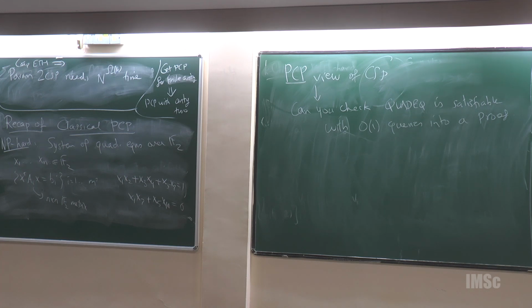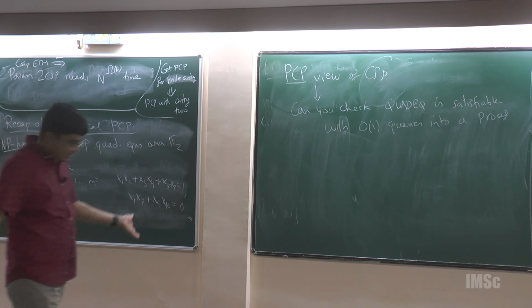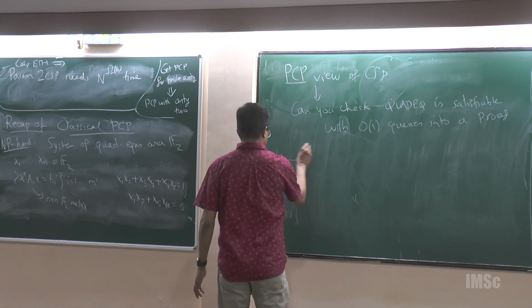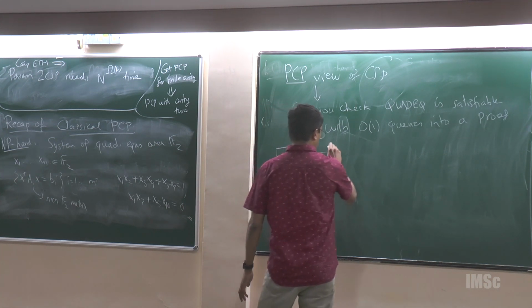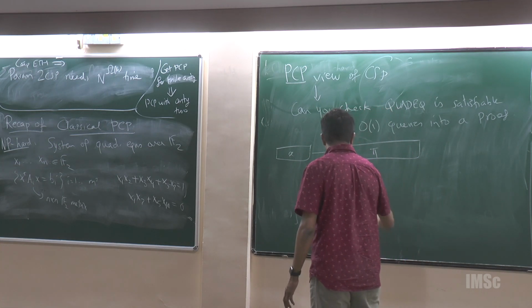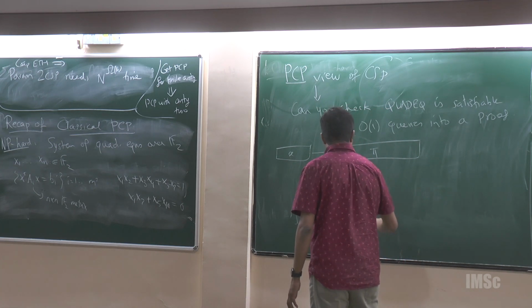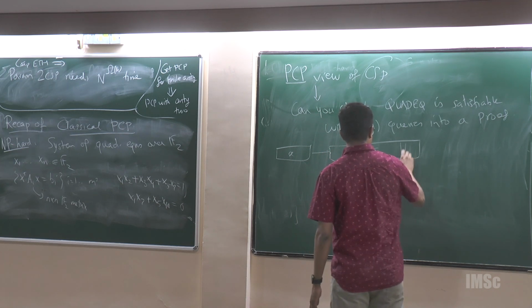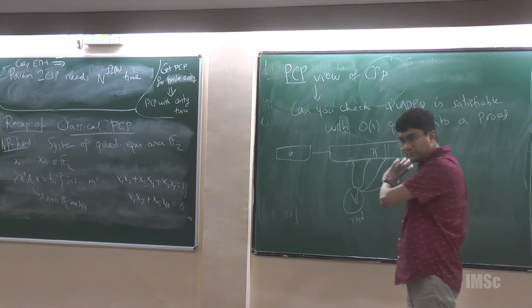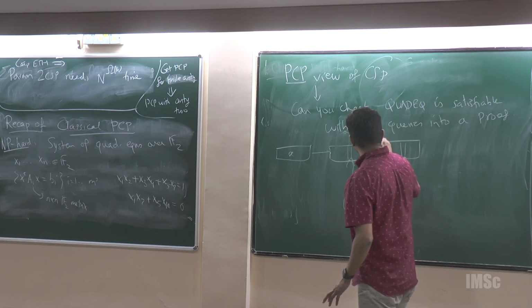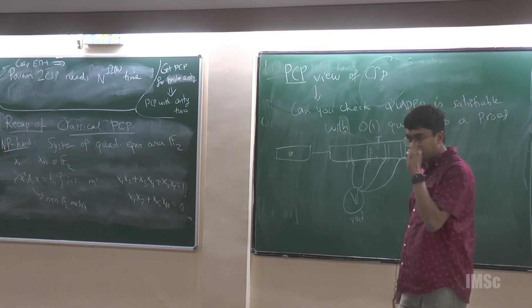But now, because you're doing a sloppy check, there is a chance you will reject wrongly because you're only looking at a small part. So there is this x, and you encode it into this PCP proof pi. Now there is a verifier, which is randomized. It queries this proof in, let's say, 4 places, chosen according to some clever distribution, and based on the values of the 4 bits it reads, it will accept or not.